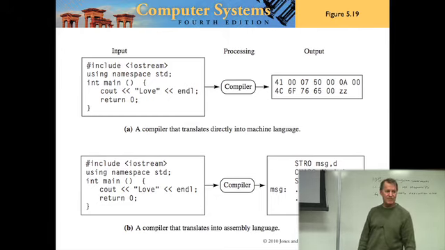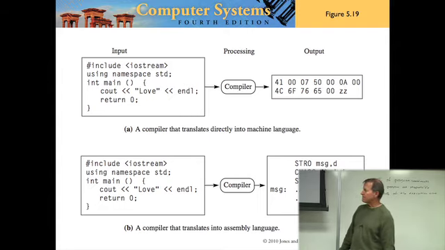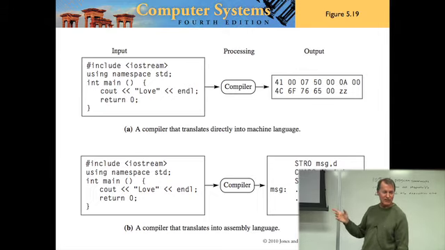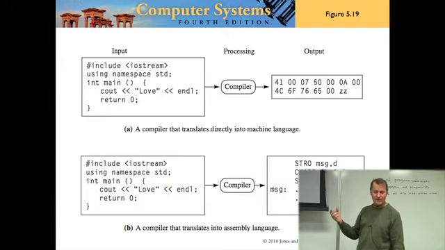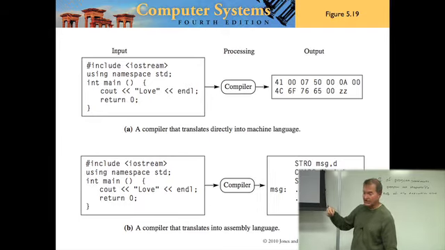It could be. When we talk about optimizing versus non-optimizing compilers, there are some interesting questions involved in speed of translation versus speed of execution. We'll talk about that a lot in the course.